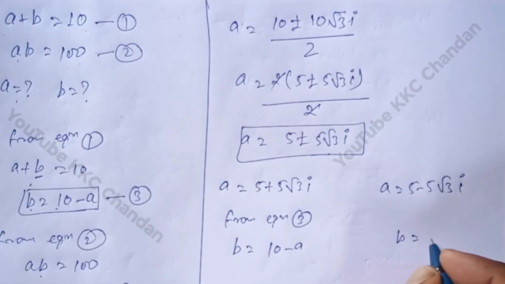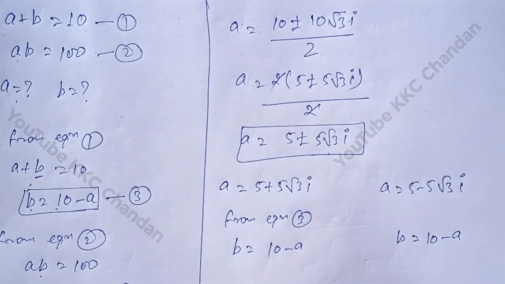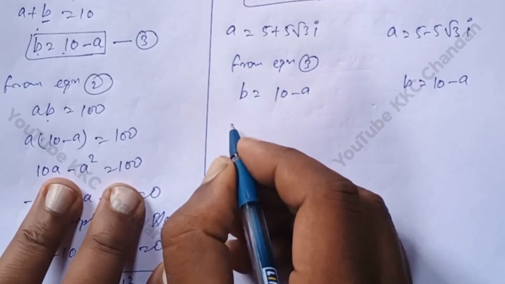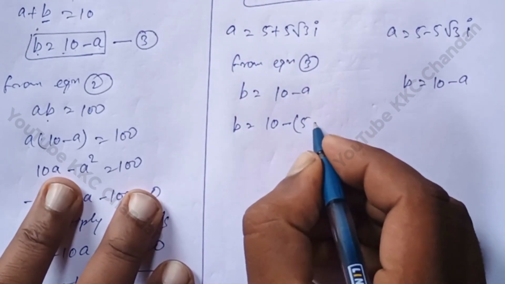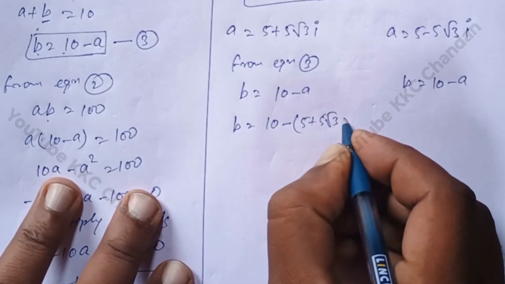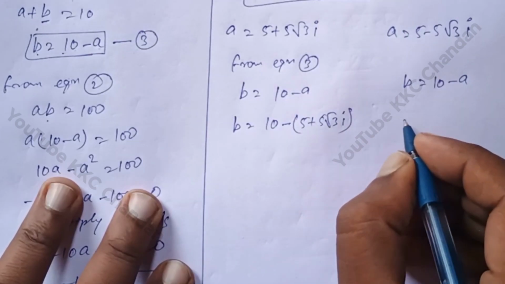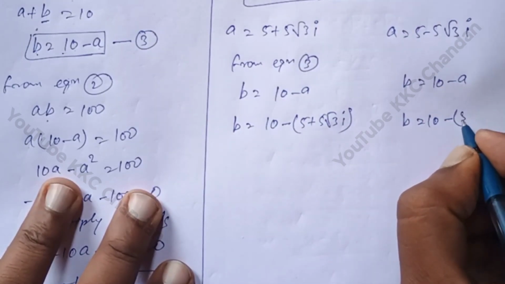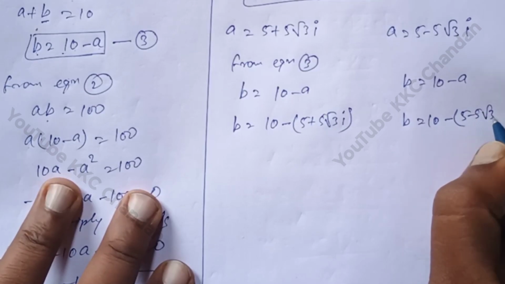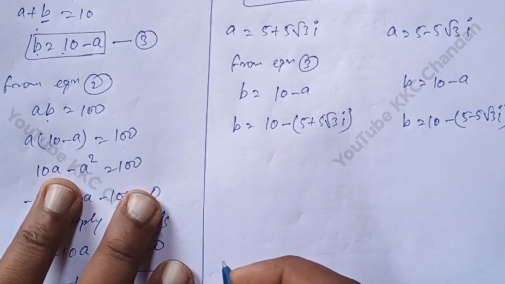Here b is equal to 10 minus a value, how much? 5 plus 5 root 3 i, bracket close. Here b is equal to 10 minus a value, 5 minus 5 root 3 i, bracket close.